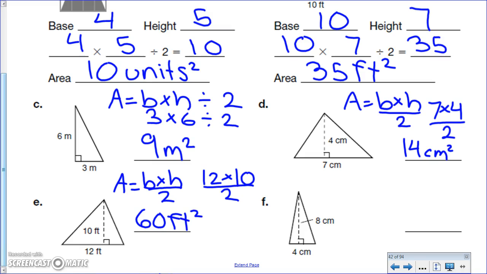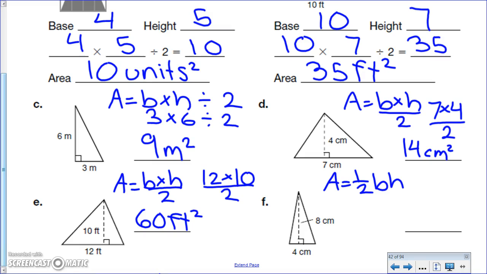Then for F, one other way you might see this formula written, because it has a couple of ways it's written, is like this. It'll look like area equals 1/2 times the base times the height. And this is just the same thing as what we did above. It's just putting the 1/2 out in front rather than just underneath it.